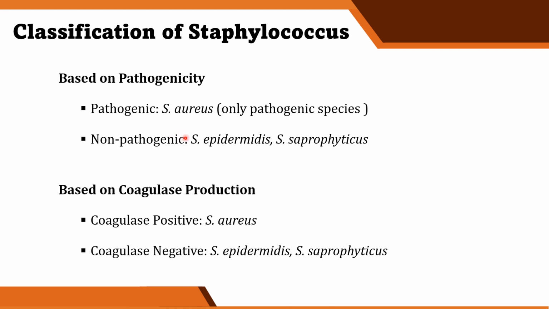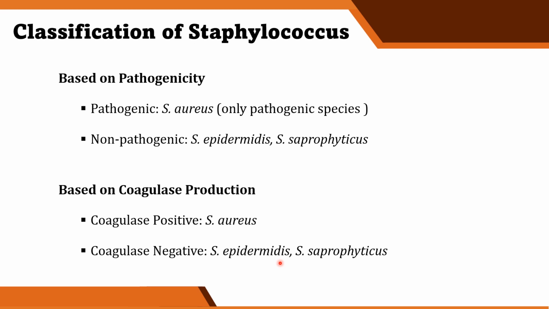So where is S. aureus seen? Usually in infections, for example, boils, osteomyelitis, endocarditis, food poisoning, toxic shock syndrome, and Ritter's disease. The non-pathogenic ones are classified as such, although they can also cause infection, usually in immunocompromised individuals, or hospital-acquired infections, for example, with prosthetic or indwelling devices of patients. S. saprophyticus is the most famous: it is the most common cause of UTI in young females who are sexually active.